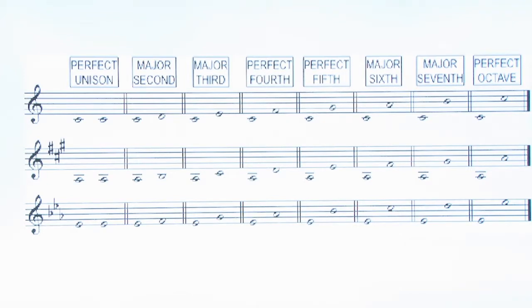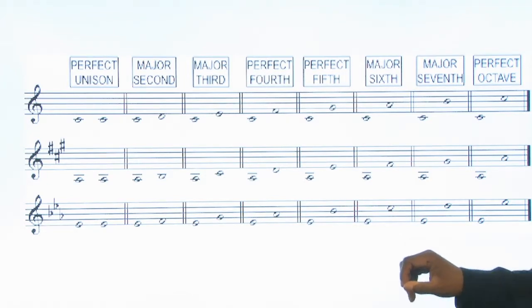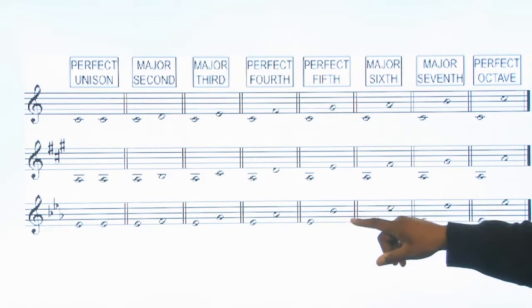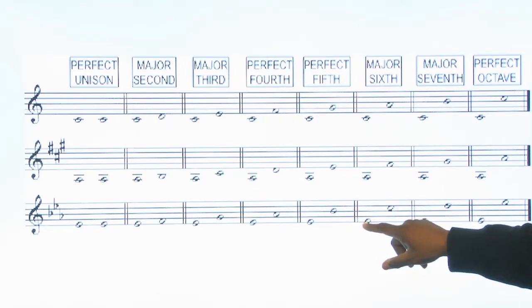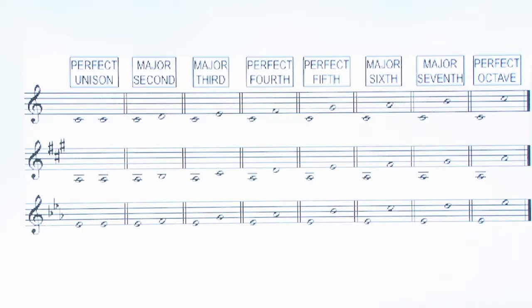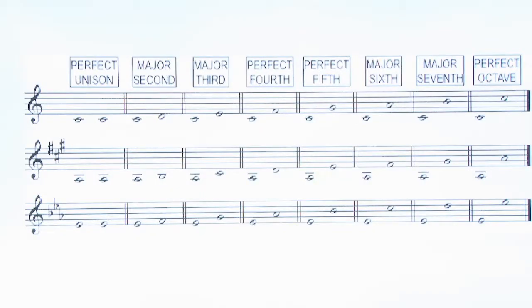Anyway, if you go down to the next staff, it's the same thing also in a flat key, 3 flats. Remember how to get to the name of the key: next to the last flat is the name of the key that you're in.